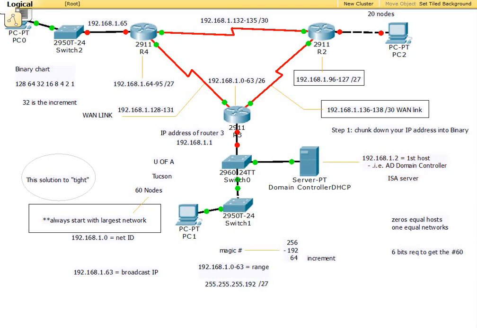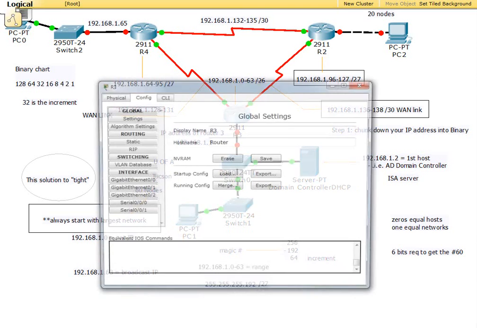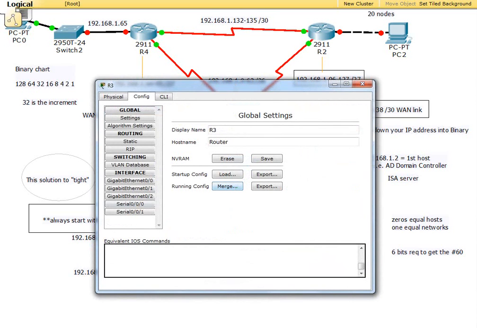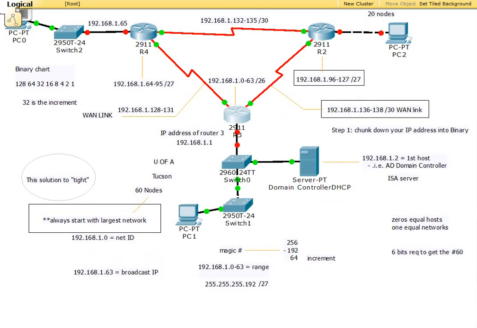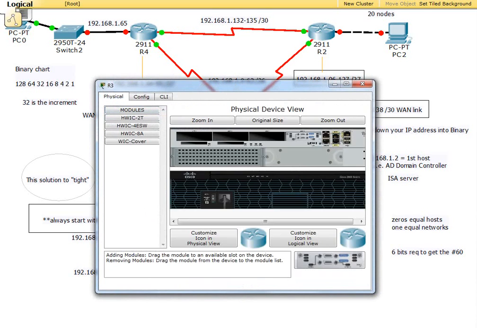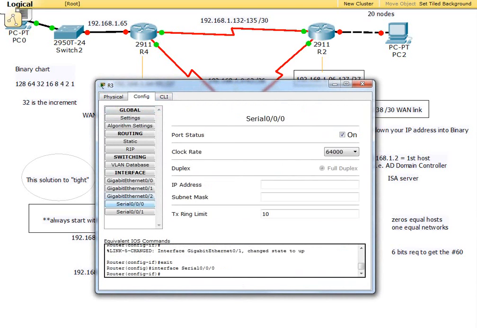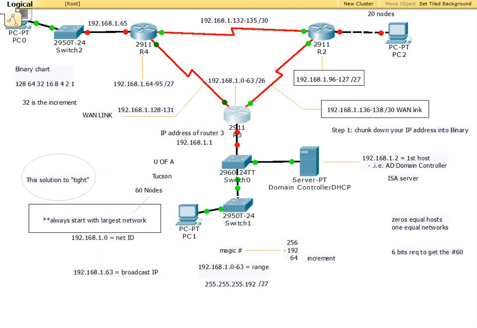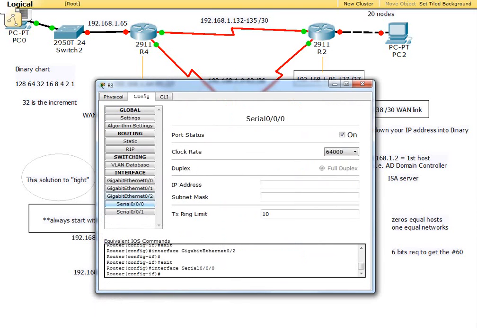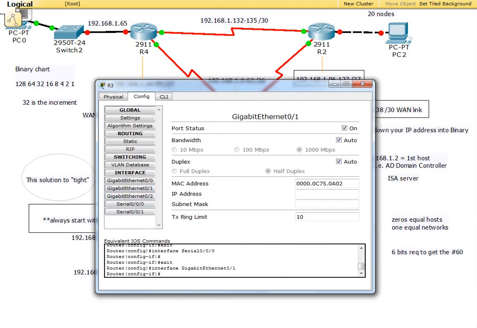I just noticed my link went down between this router and this switch, and I don't know why. For some reason the port is off, so I'll turn that back on. This is also off somehow. I'm pretty sure I'm using Gigabit Ethernet 0/1.